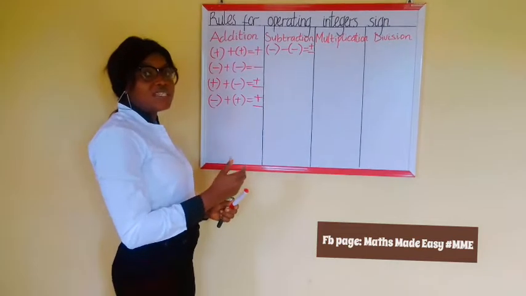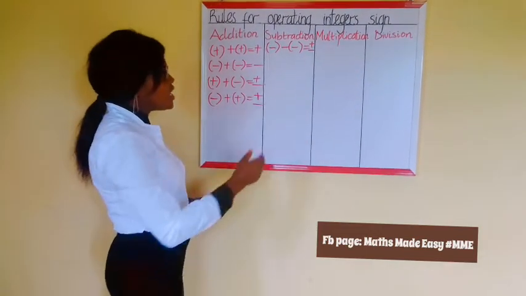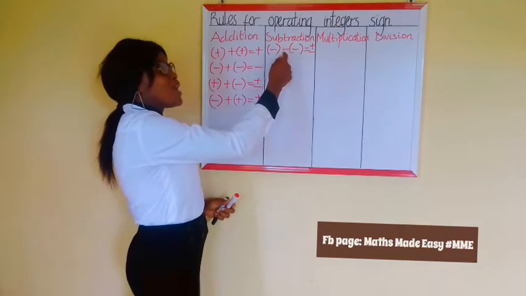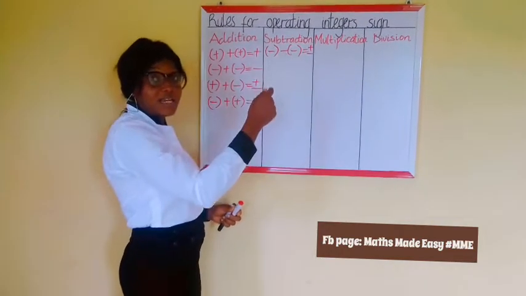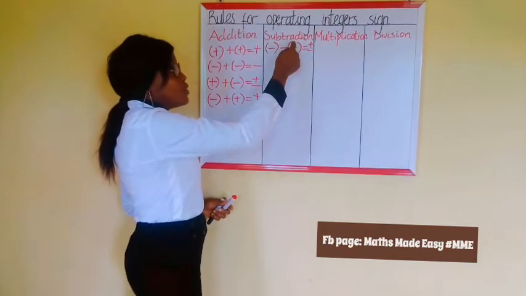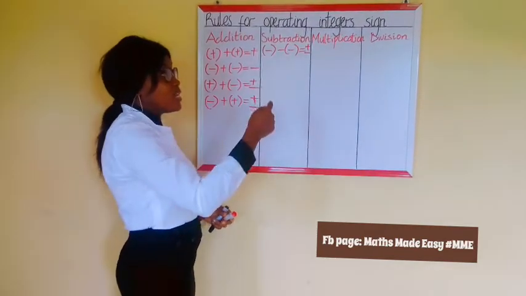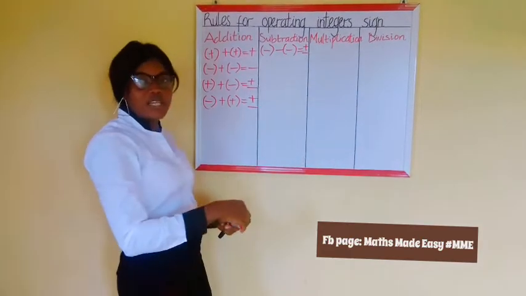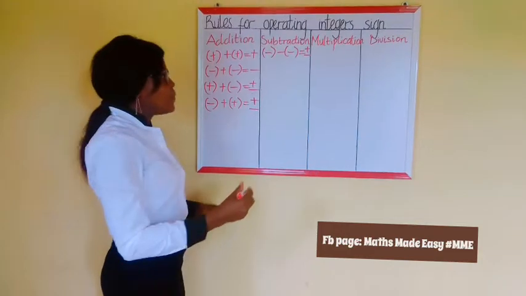Remember, it will take the sign of the bigger integer. But here, when you have it this way, this minus will multiply the minus we have inside just to give you plus. This minus will multiply the minus we have inside to give you addition. When we get to the multiplication side, you will understand this better.